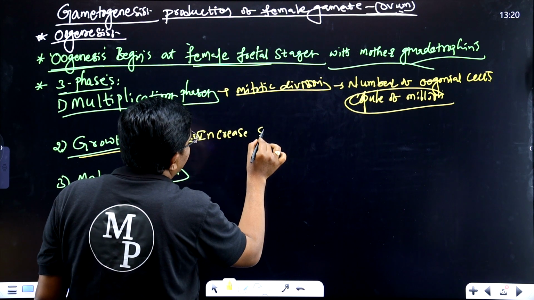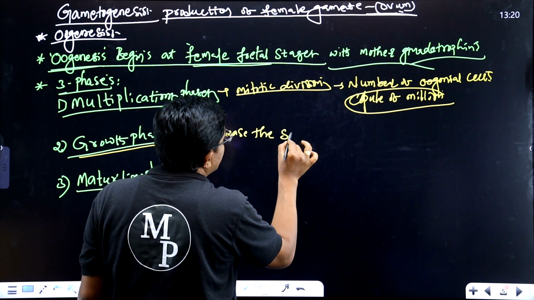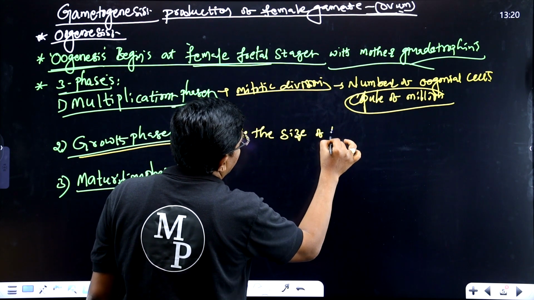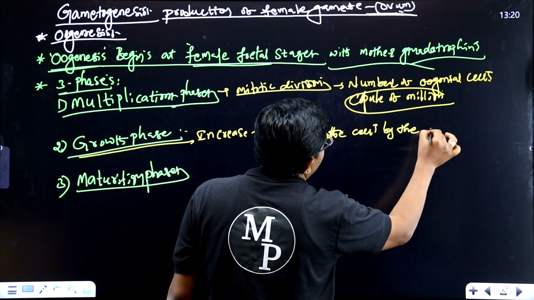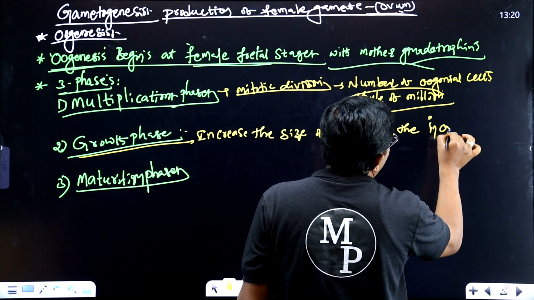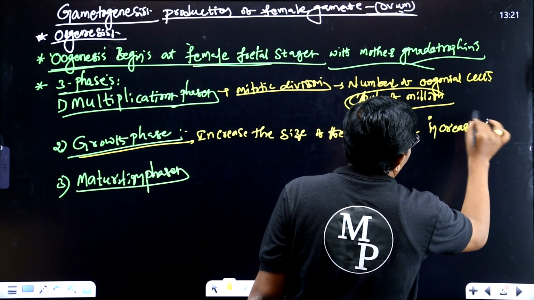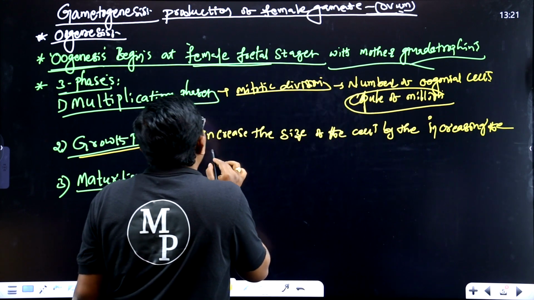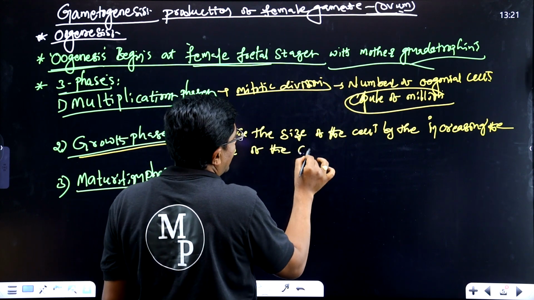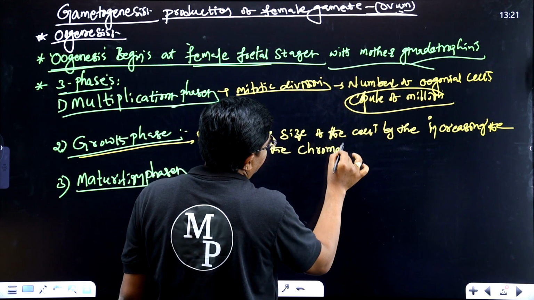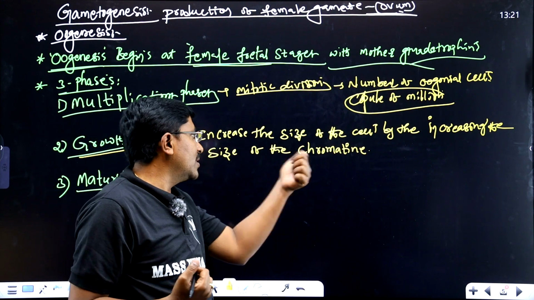The size of the cell is increased by increasing the chromatin, same as spermatogenesis here also.